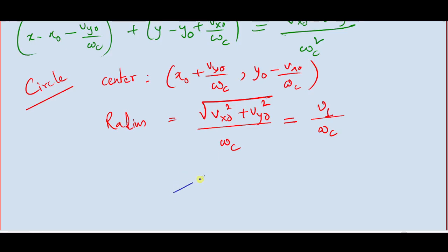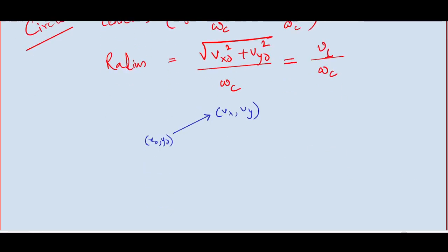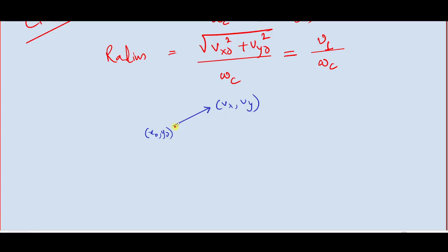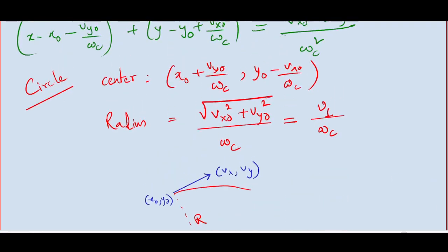If a particle has a velocity with components Vx, Vy at a point x0, y0, then the arc of the circle that it describes must have a center at a distance r from this point x0, y0 in a direction which is perpendicular to Vx, Vy. It's very easy to use a bit of geometry to show that this immediately tells us that the coordinates for the center will be x0 plus Vy0 by omega c, y0 minus Vx0 by omega c, as we have just calculated.